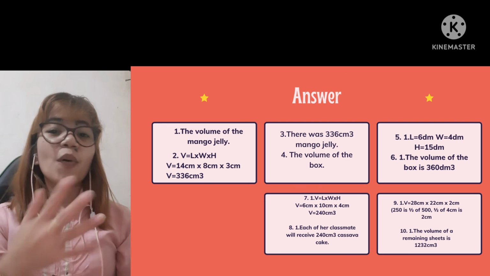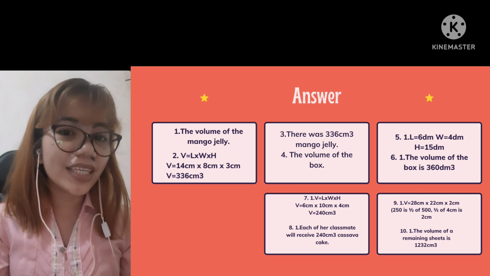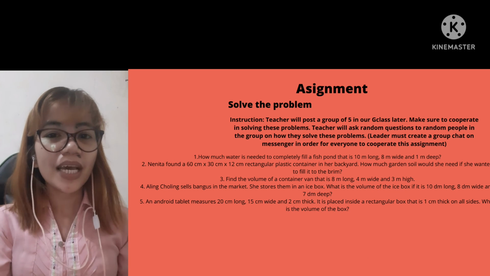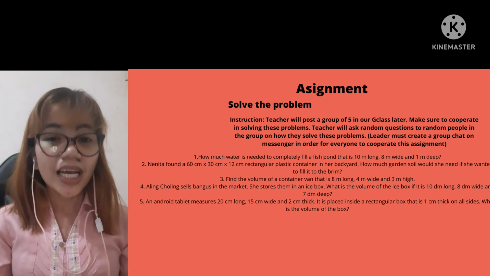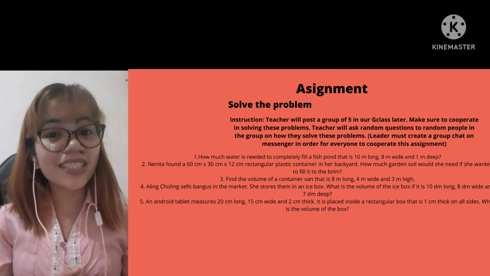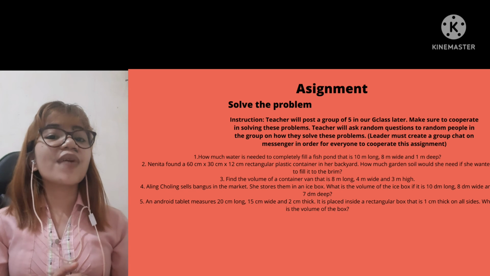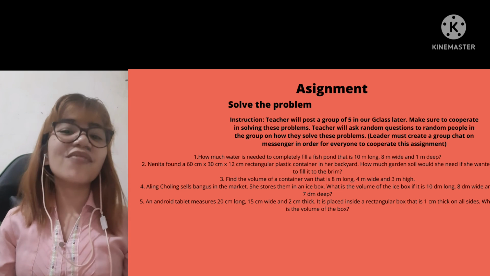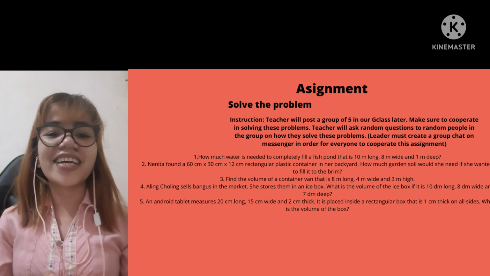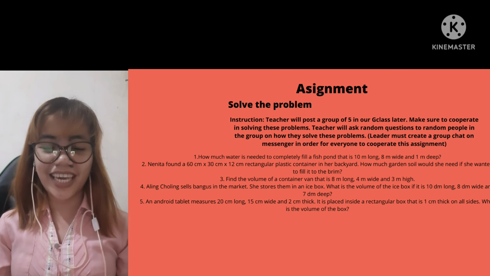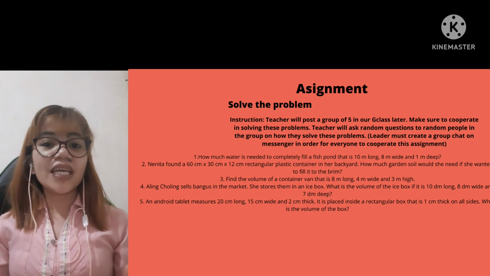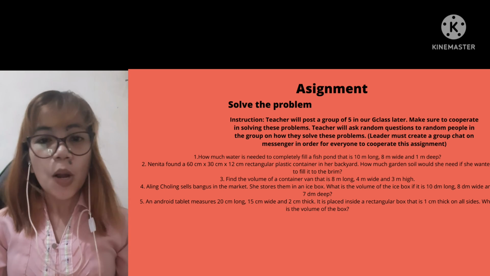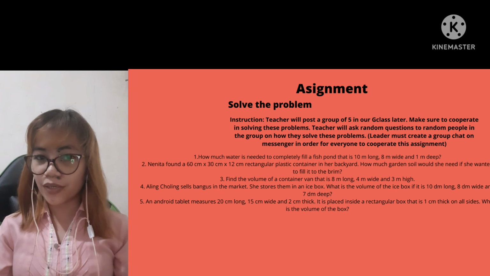So in order for you not to forget it, teacher will give you an assignment. The assignment will be posted on your screen. You can screenshot this one, students, or you can also write it in your notebook. But it would be easier if you will just screenshot these questions. Tell me if you are done screenshotting or writing our questions in your notebook.